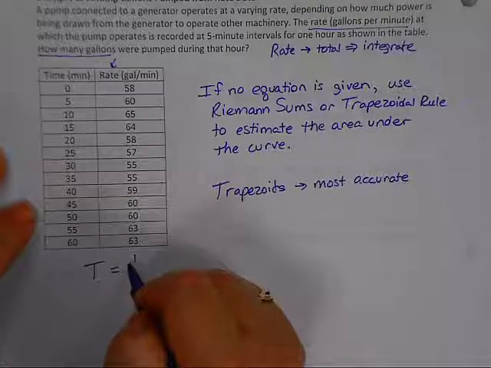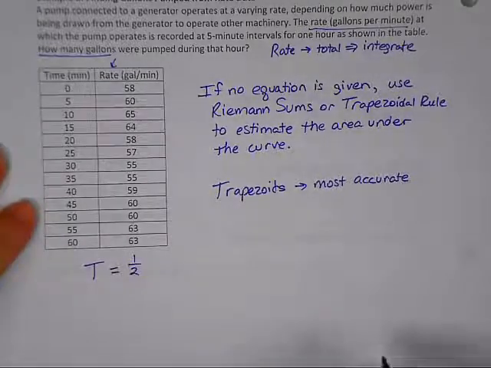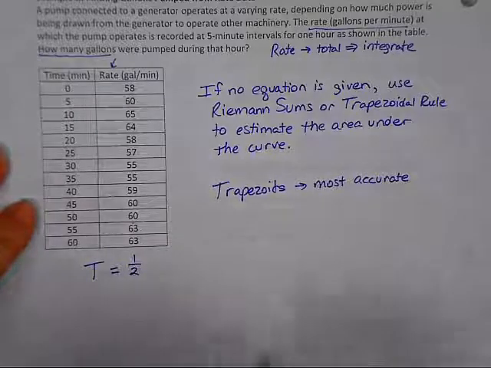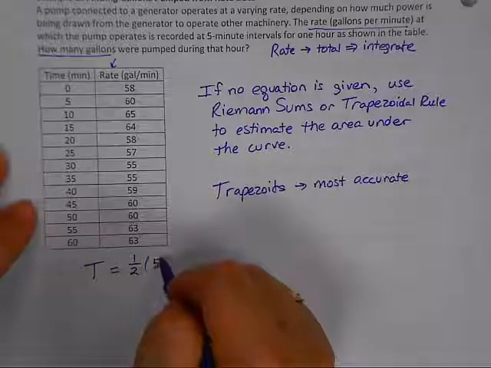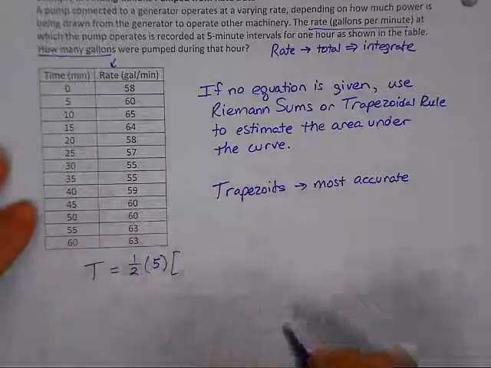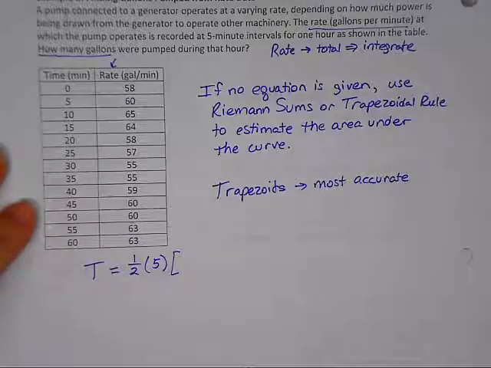Okay, so the formula is trapezoid always starts with a half. Don't forget that. A lot of people forget that. And what is the base? It is 5, okay? I am not going to write all of them. I'm going to write an abbreviated version, but we're going to type them all in the calculator.